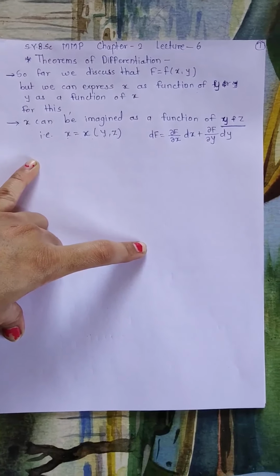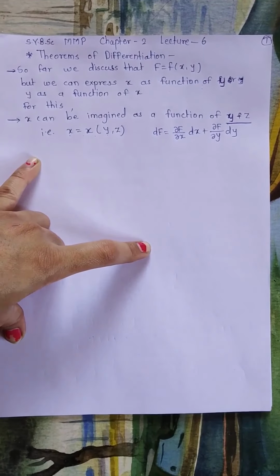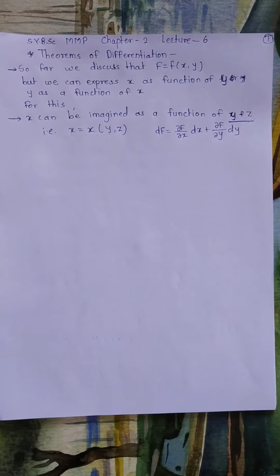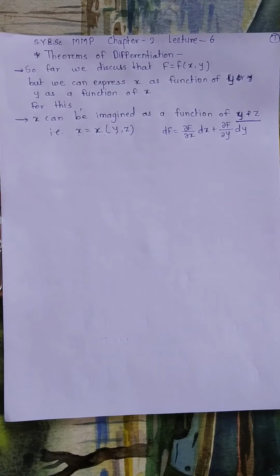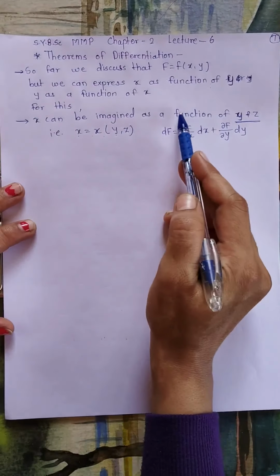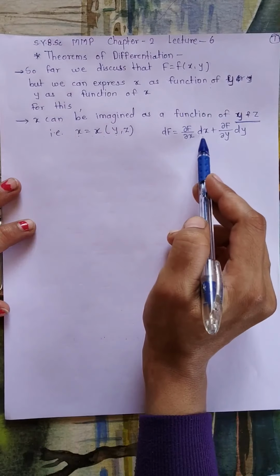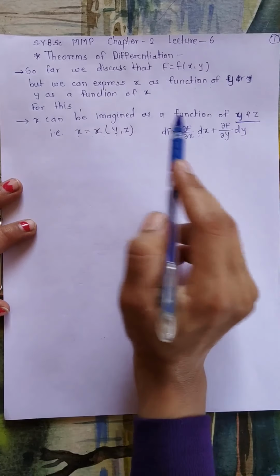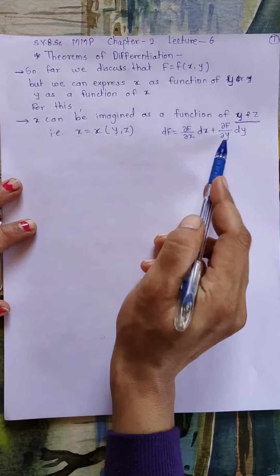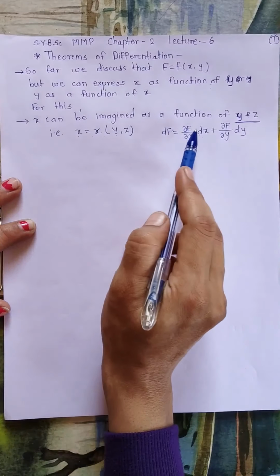So according to this, we can also find the total differentiation for the variable x by this formula. Here instead of f we have x, and instead of x and y we have y and z.